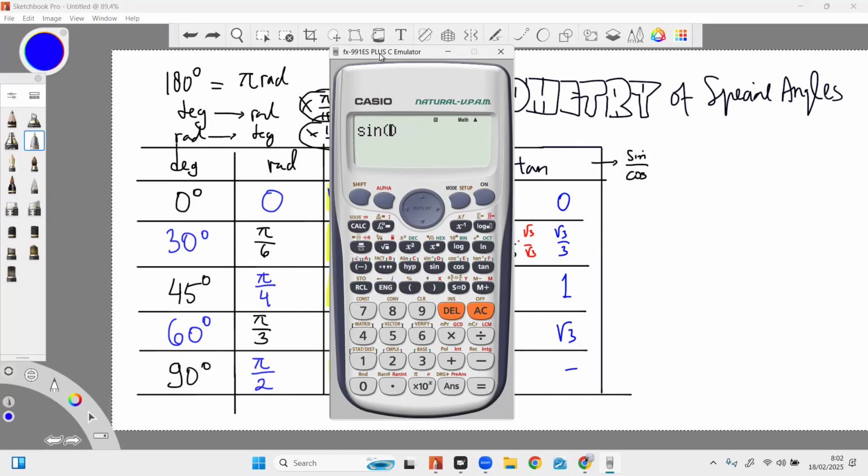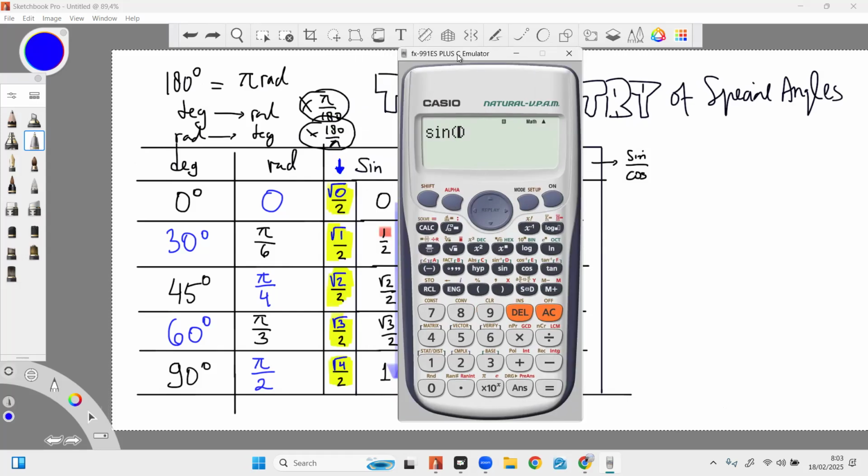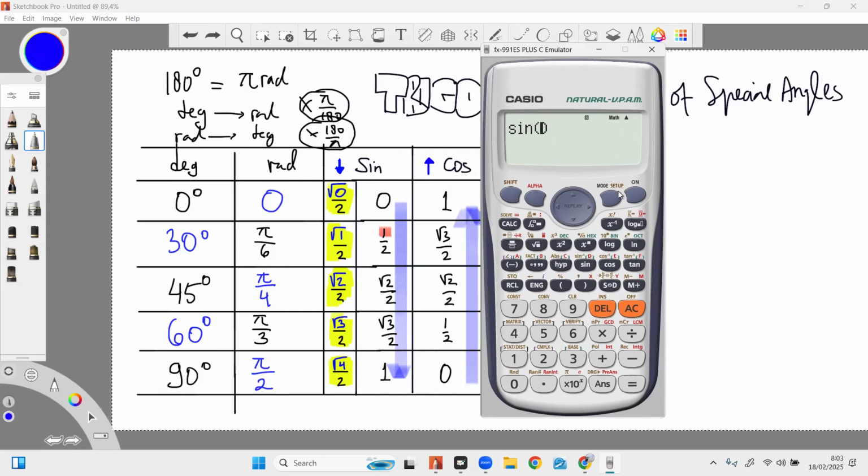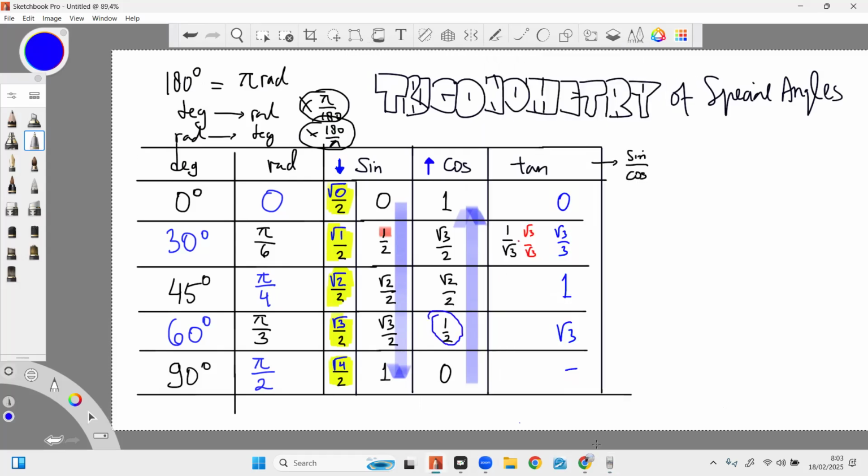So what is sine, or wait, I give you this, check together. In radian mode, cos value is half. So what is the angle then? The value of the cos is half. So what is the angle that you need to put? Pi over 3. Yeah.